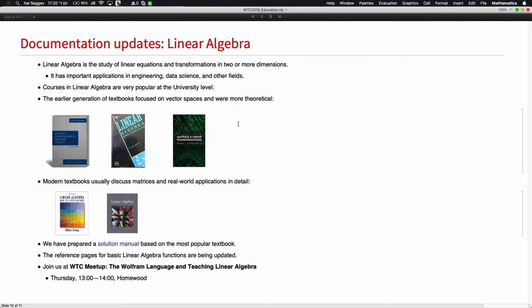And when we did a survey last year, we found that linear algebra and differential equations and things like that are really very, very popular courses. So he said, let's try and understand this kind of market of linear algebra, textbooks, etc. Now, when I was a student, we'd study books by Hoffman and Kunze. So if you could solve Hoffman and Kunze completely, you could pass the PhD prelims.